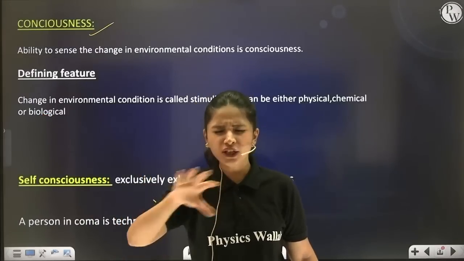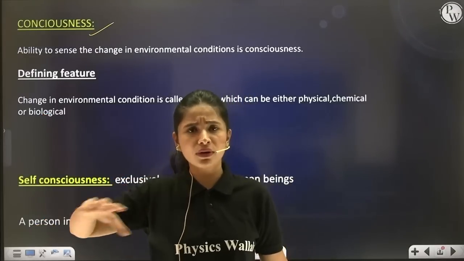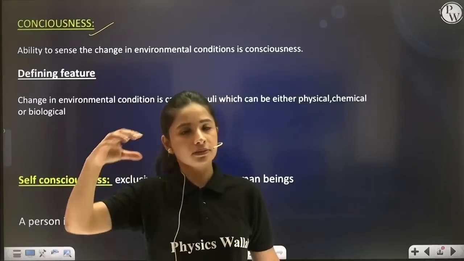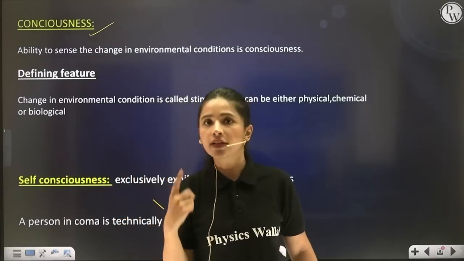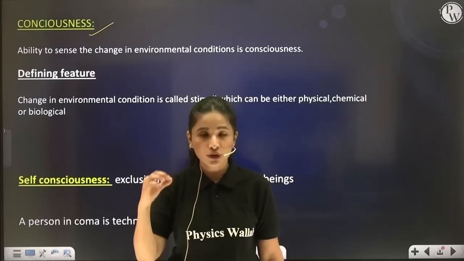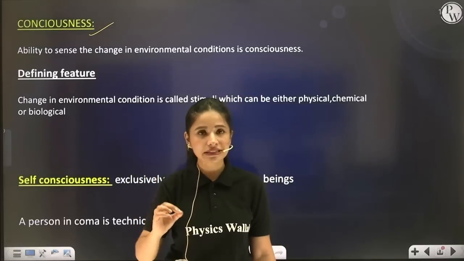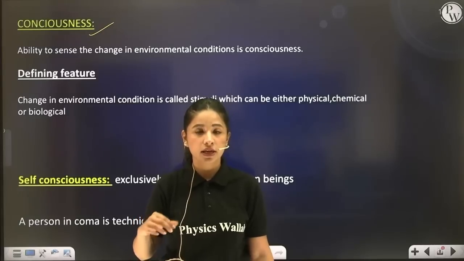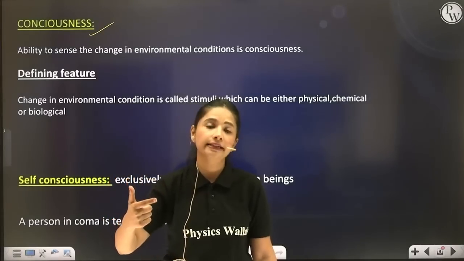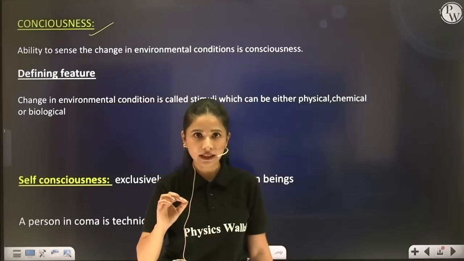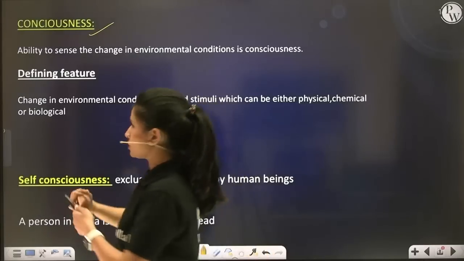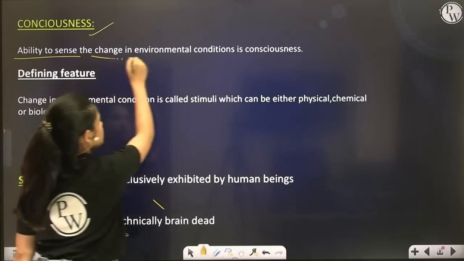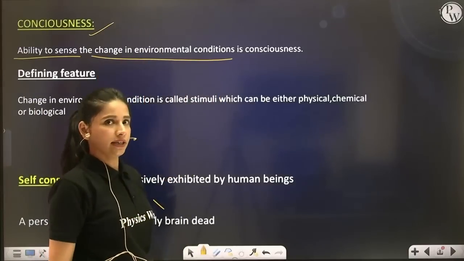Amoeba, any unicellular, multicellular, prokaryotic, eukaryotic, any organism, all living organisms without any exception show consciousness. Consciousness is the ability to sense the change in environmental conditions and then respond to it accordingly. Clear? Okay, very good. So now see, what is consciousness? Ability to sense the change in environmental conditions.